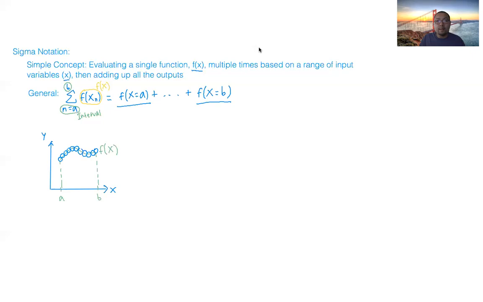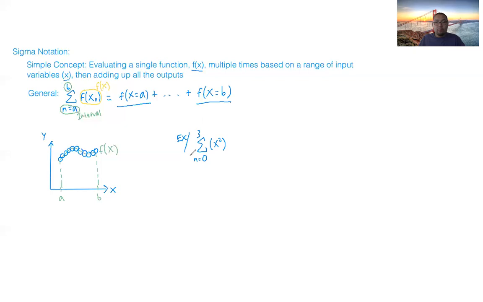Let's look at an example, and it should clear it right up. So the summation from n equals 0 to 3. I want my interval to start at 0 and end at 3, and I want to evaluate this function, x squared, our parabola.